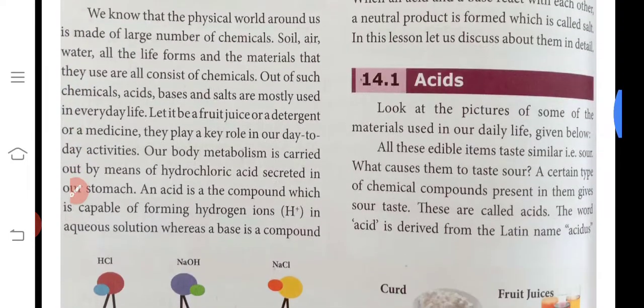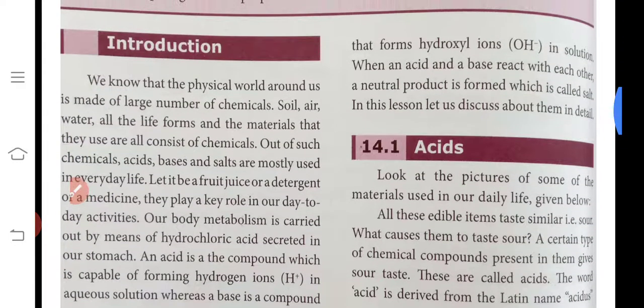Okay, listen. First, the introduction. We know the physical world around us is made up of a large number of chemicals. Yes or no? Soil, air, water, all the life forms and the materials they use consist of chemicals.